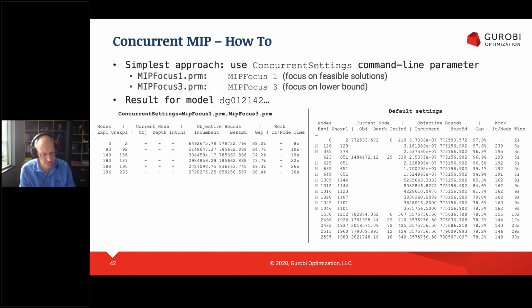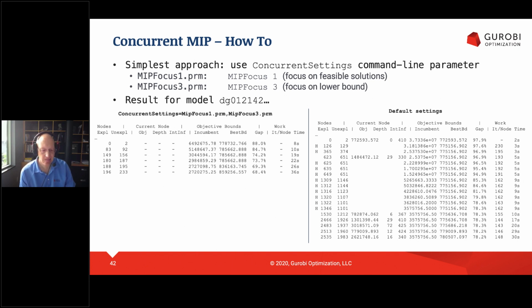And on the left, I've used the concurrent settings parameter, and I've input two different parameter files, MIPFocus1 and MIPFocus3. Each of these files just contains a single line which sets the MIPFocus parameter to 1 in one case and 3 in the other. MIPFocus1 asks the solver to focus on finding feasible solutions, MIPFocus3 to focus on improving the lower bound.